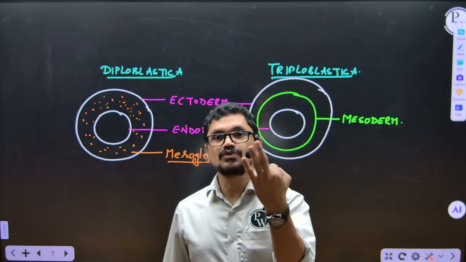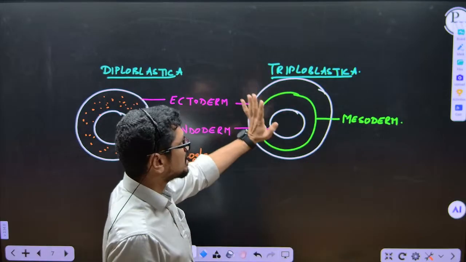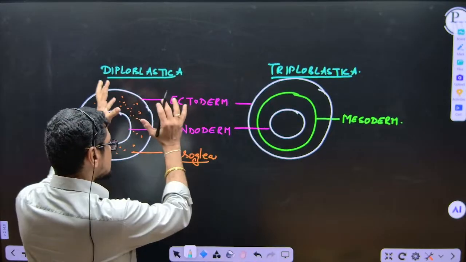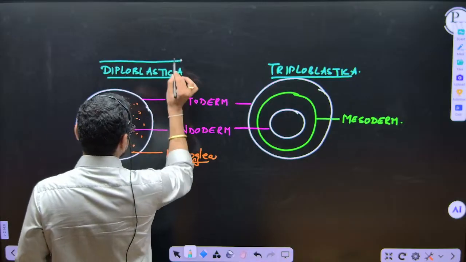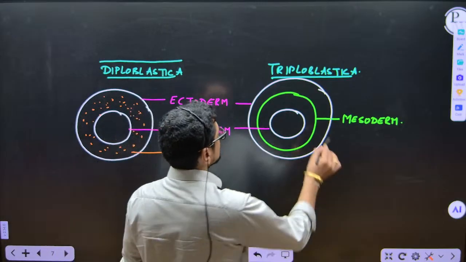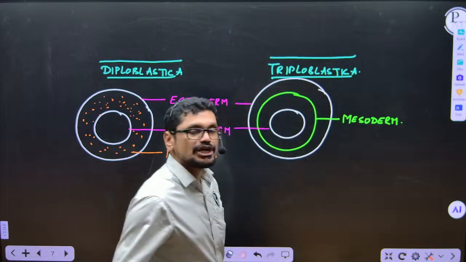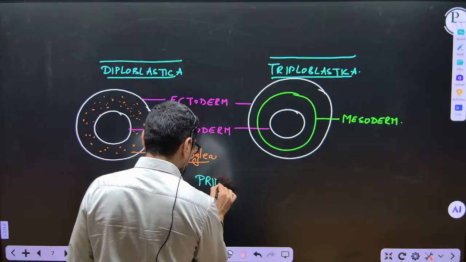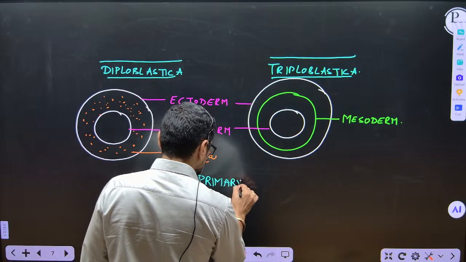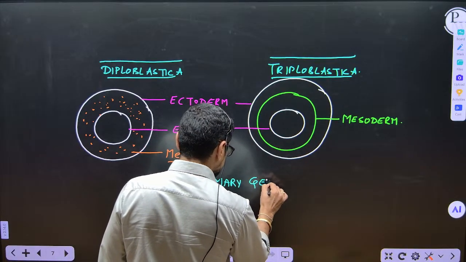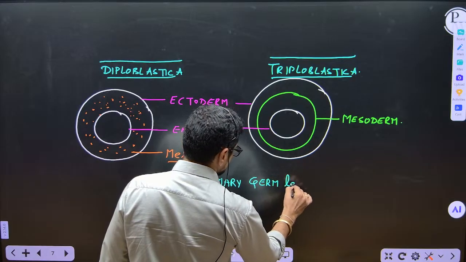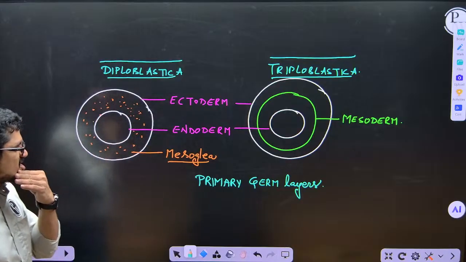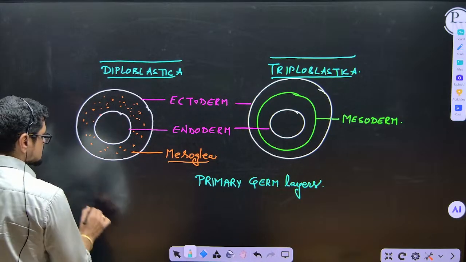All those organisms where three primary germ layers are present are kept under triploblastica. And those are called primary germ layers. Okay. Previously I have given some examples also.